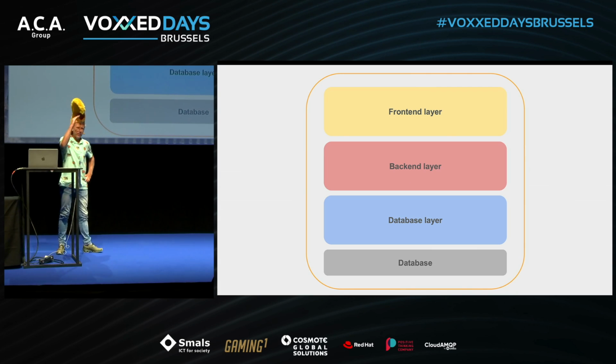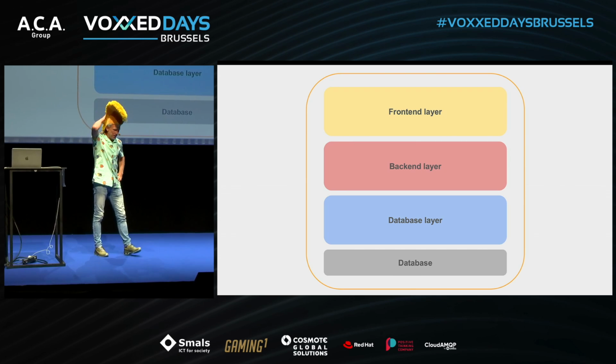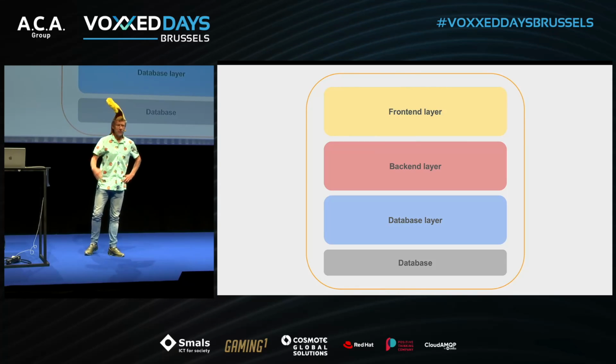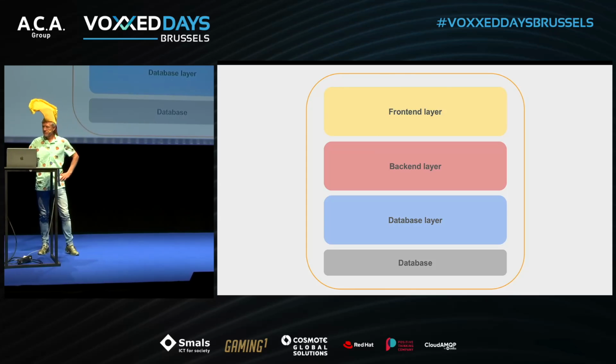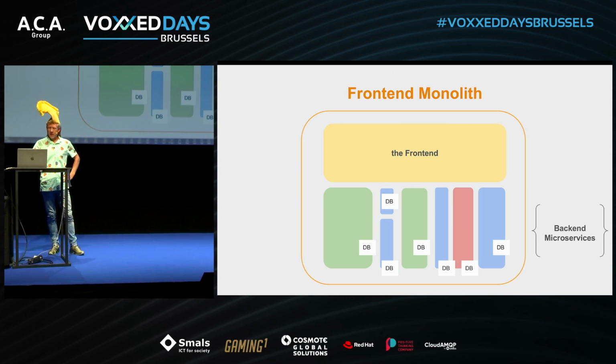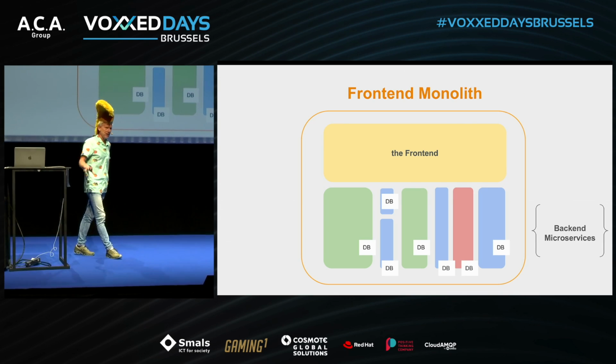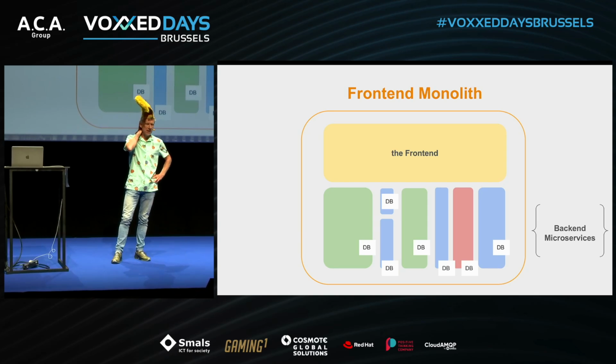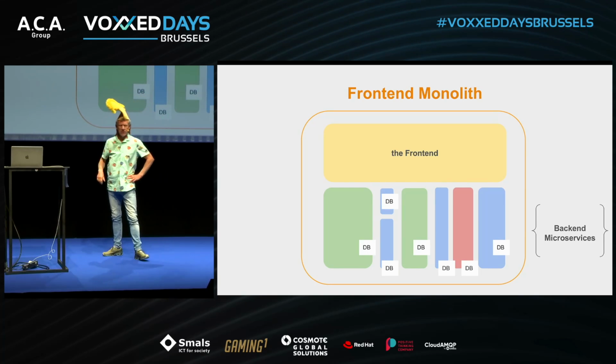So we split up our applications into layers, and we have the problem there when we change something in one layer, you have to change also something in the other layers. So we split up our backend into microservices, and every microservice has its own database. You know all the story, of course, but we still have that front-end monolith, that rhino.